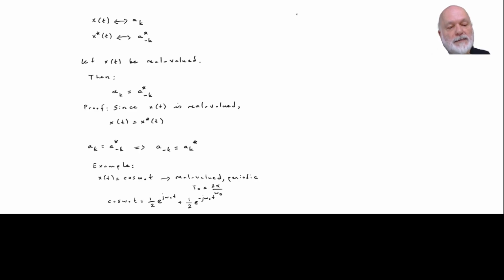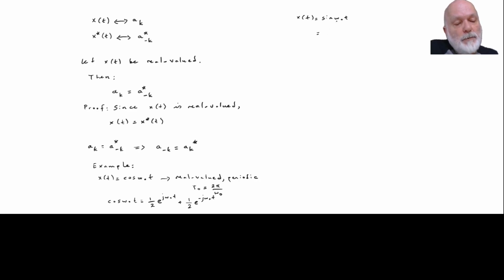Another example may be sine omega 0 t, which is again a periodic signal which is real valued. Therefore, the Fourier series coefficients must satisfy the relation we have just obtained.